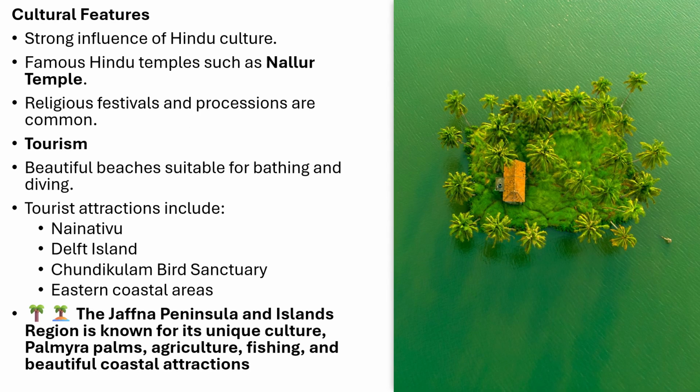Cultural features: strong influence of Hindu culture, famous Hindu temples such as Nallur Temple, and religious festivals and processions are common. Tourism: beautiful beaches suitable for bathing and diving. Tourist attractions include Nainativu, Delft Islands, Chundikulam Bird Sanctuary, and eastern coastal areas.